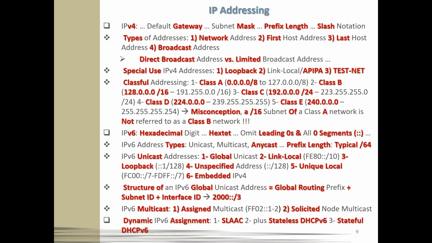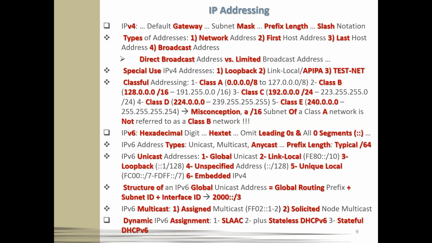So in other words, I'm addressing all nodes within that subnet. When we have 255.255.255.255, then I'm talking about the limited broadcast address because I am addressing everyone in that broadcast domain.